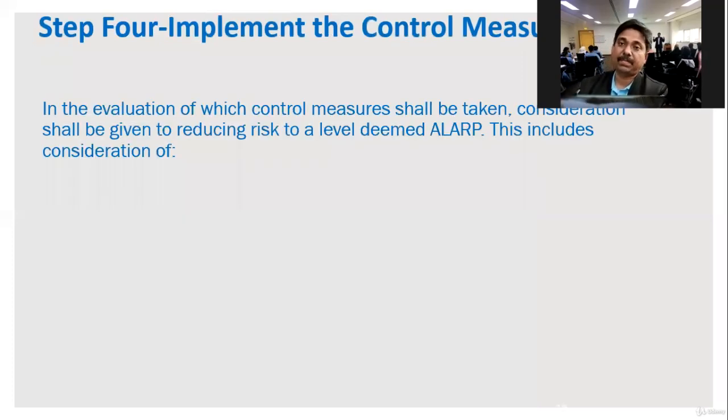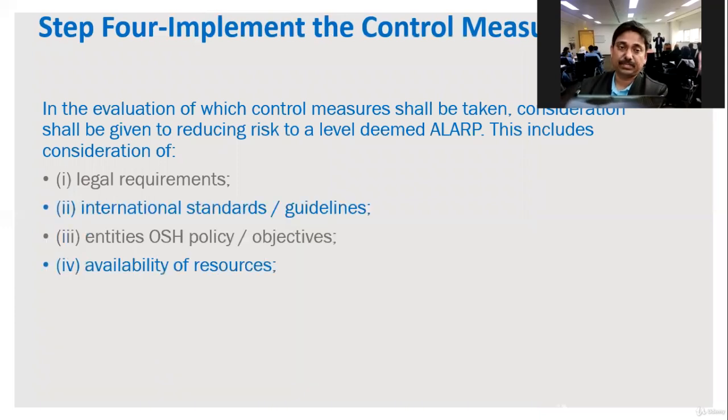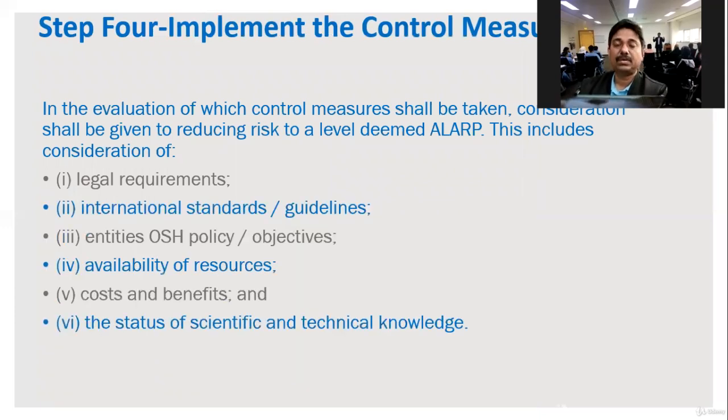Step 4, implement the control measures. So in the evaluation of these control measures, consideration shall be given to reducing the risk to a level deemed acceptable. This includes the consideration of legal requirements, international standard guidelines, entity OSH policy and objectives, availability of resources, cost and benefits, status of scientific and technical knowledge.